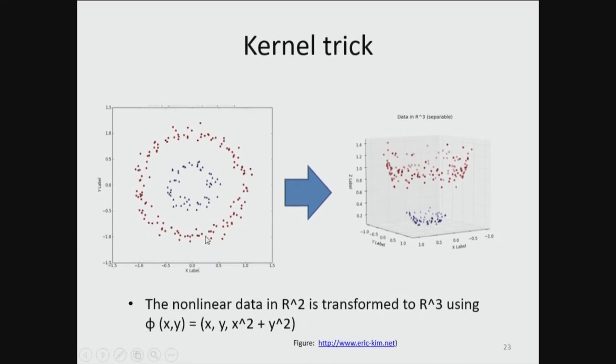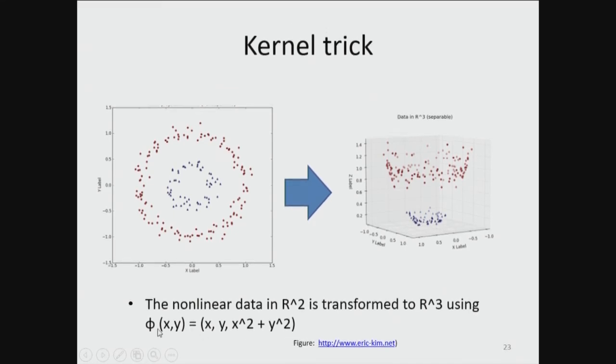Every point has two components, say x and y. We transform this non-linear data which is in R2 to a framework in R3 using the transformation phi of (x, y) equal to (x, y, x square plus y square).